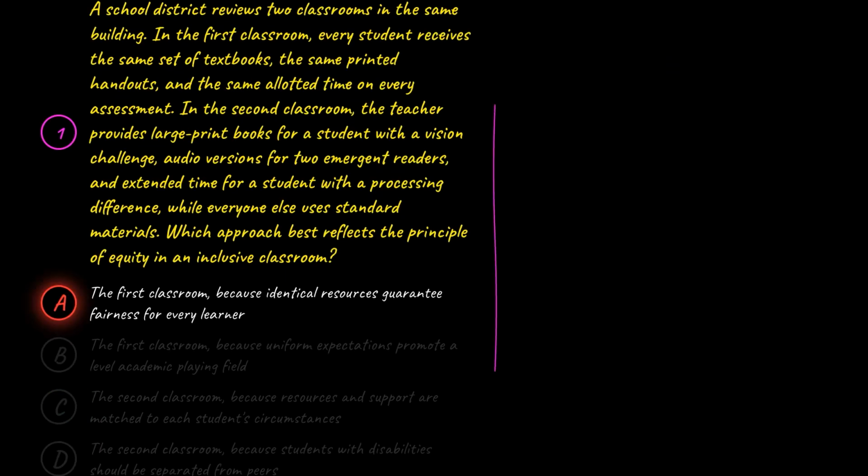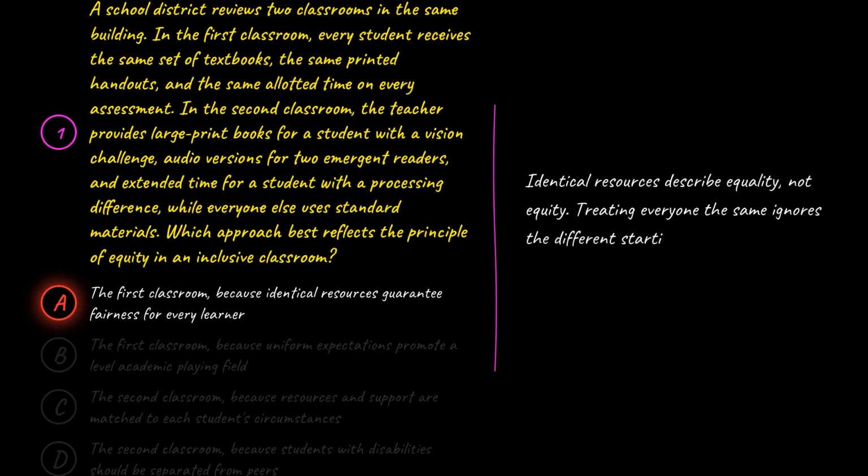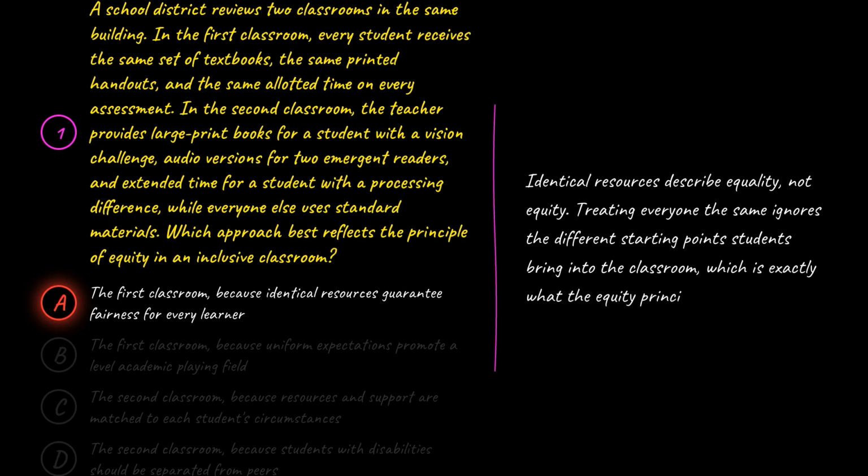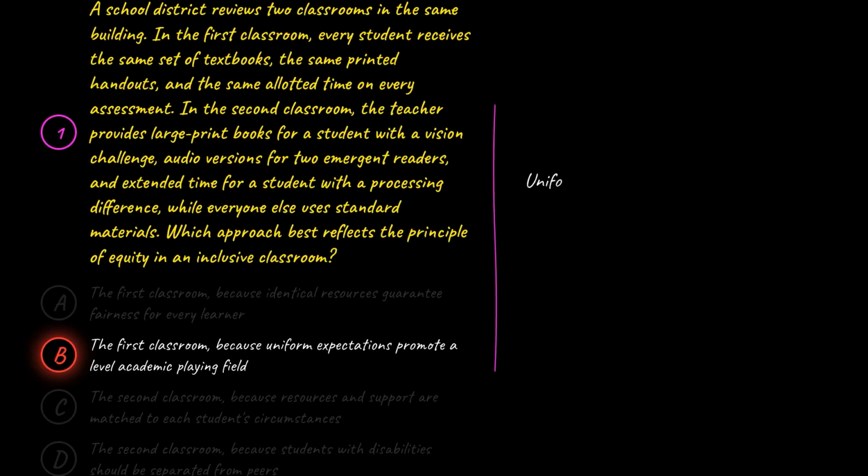A is wrong because identical resources describe equality, not equity. Treating everyone the same ignores the different starting points students bring into the classroom, which is exactly what the equity principle is designed to address. B is wrong because uniform expectations alone do not address differences in access or readiness.